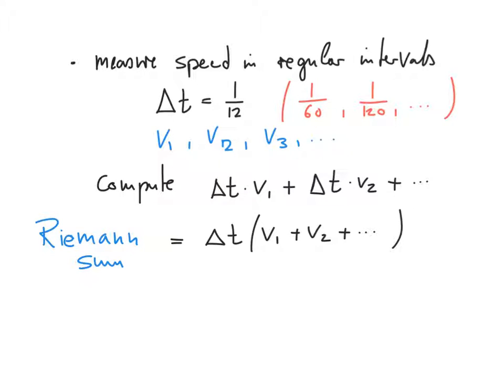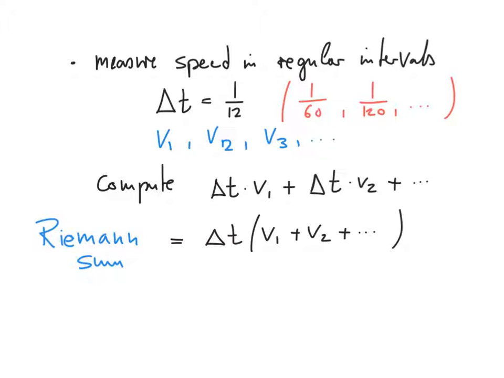And we've also seen that if you use smaller and smaller intervals, you get a better and better approximation of your actual distance driven. So the basic idea of the definite integral is to use limits.